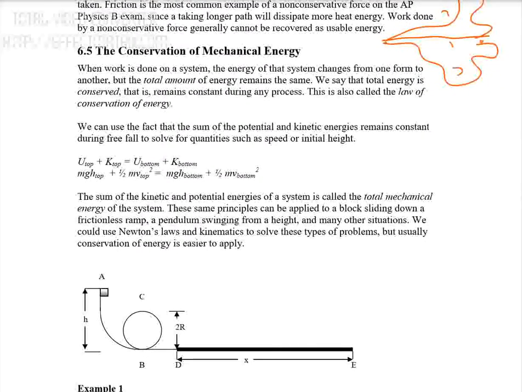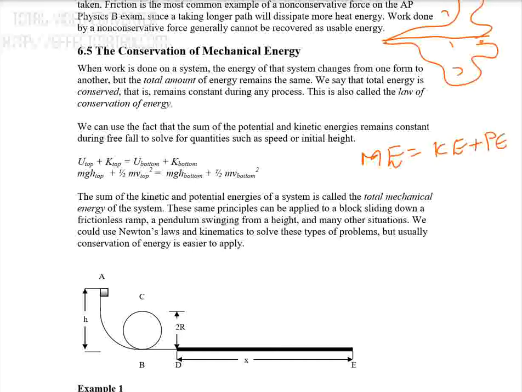The other thing is conservation of mechanical energy. When work is done on a system, the energy of the system changes from one form to another form, but the total amount of energy remains constant, because mechanical energy is the sum of kinetic energy plus potential energy.